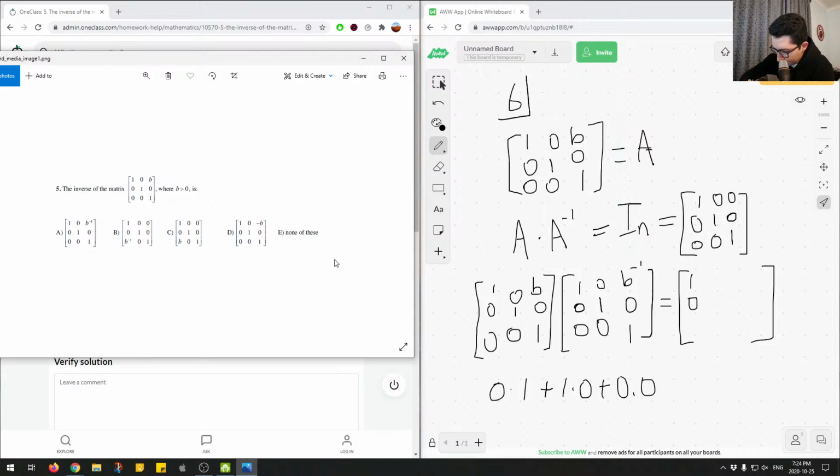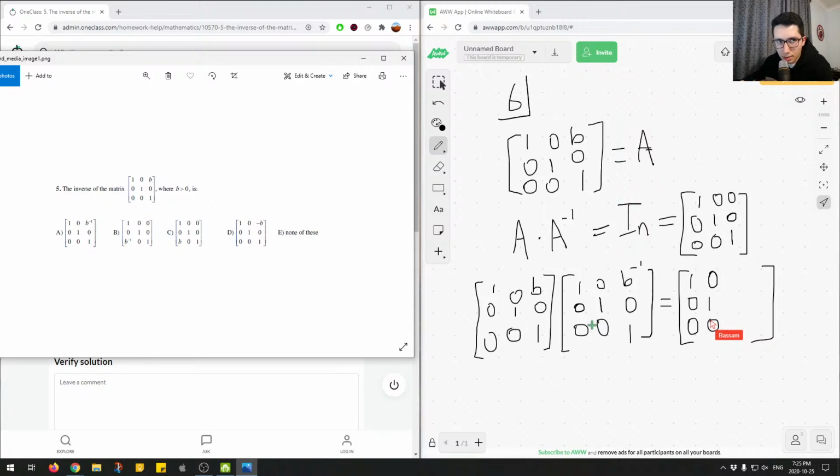I'm not going to write out each one, but I'll say them as I go. 0 times 1 is 0, plus 0 times 0, plus 1 times 0, so this bottom term is also 0. Then for this term, row times column: 1 times 0 is 0, 0 times 1 is 0, b times 0 is 0. So this is 0. The next term, we'd use this row times this column, and we can see that it's 1. The following will be this row times this column, and it's 0.